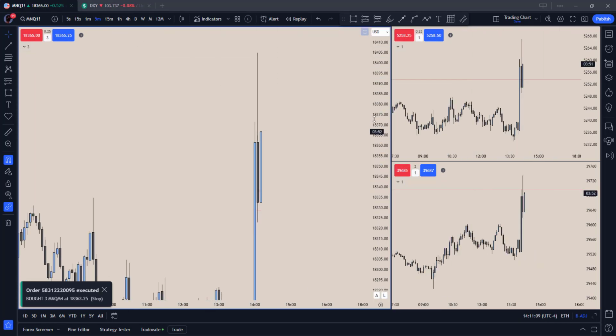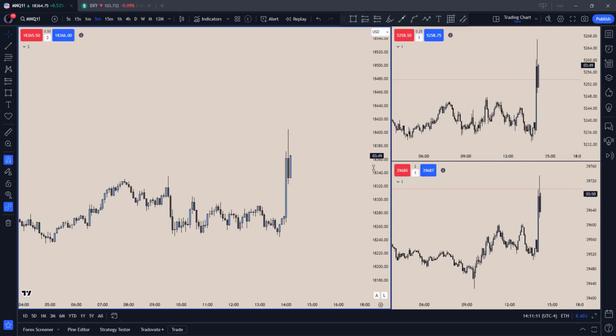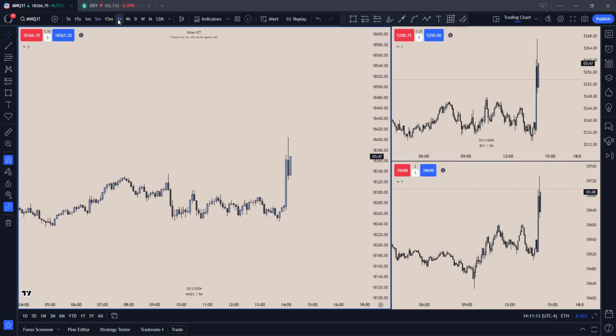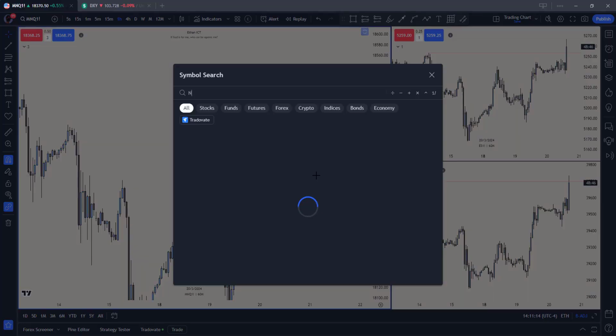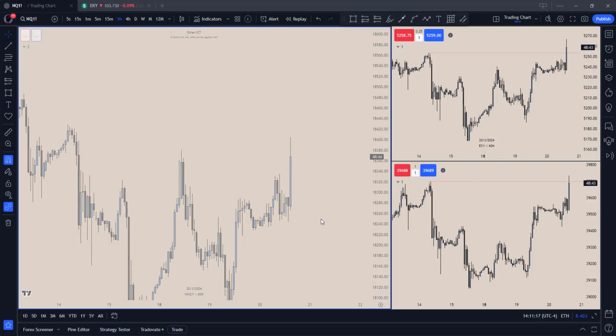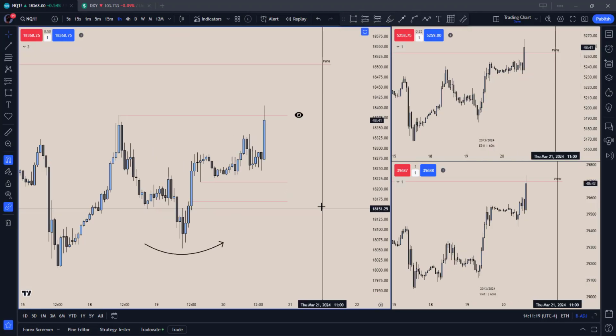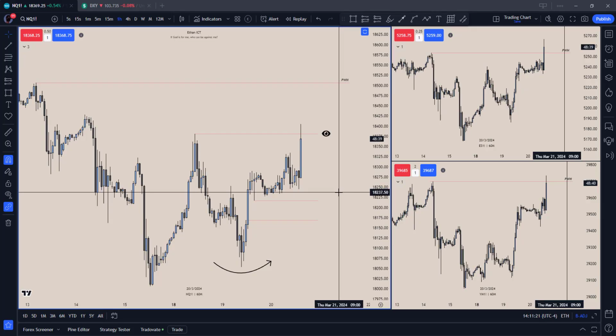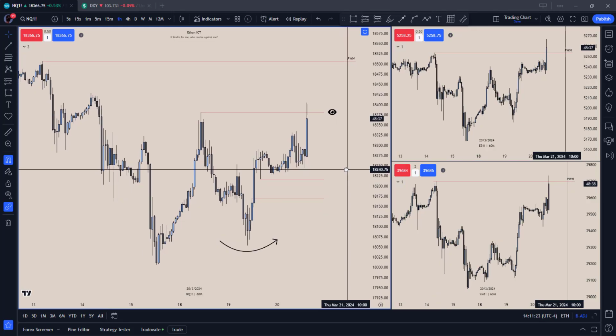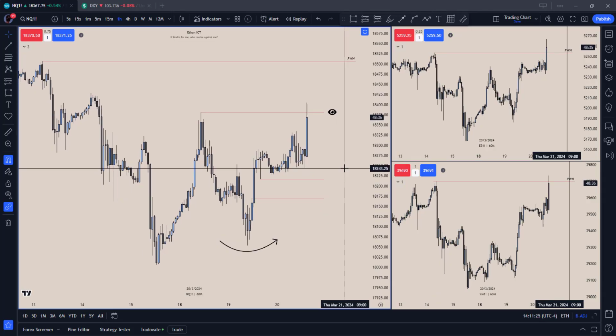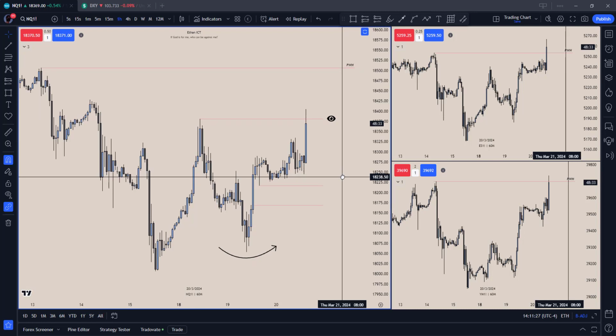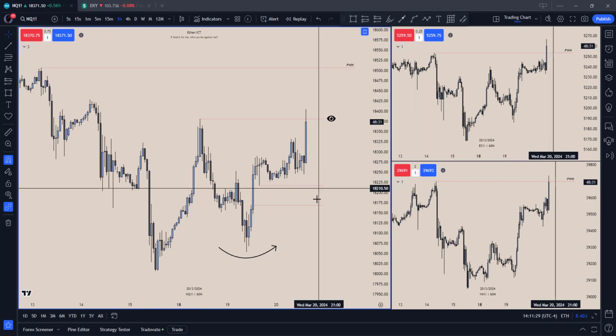So in that case, I would just reassess. Go back to the higher time frame. Reassess what is going on. Honestly, I still think that it looks pretty bearish.